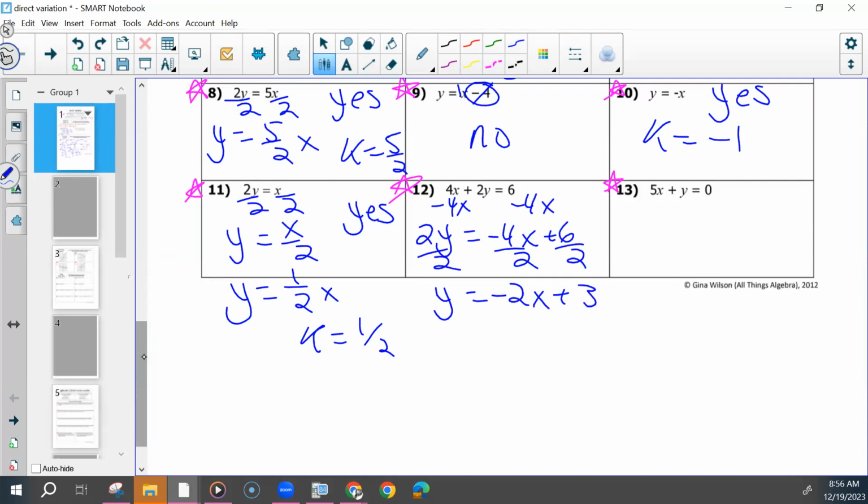Would that be direct? Without solving 13 yet, do we think 13 is going to be direct? Yes, let's see. We subtract 5x. We have y equals -5x plus 0. Leave it off, doesn't matter. So yeah.